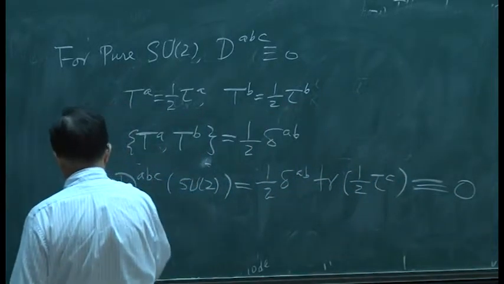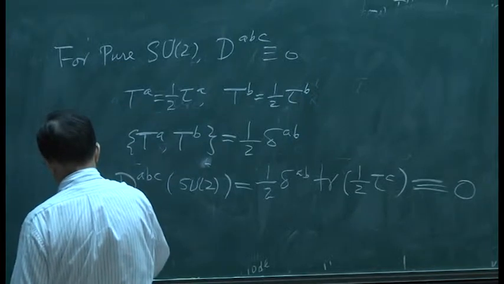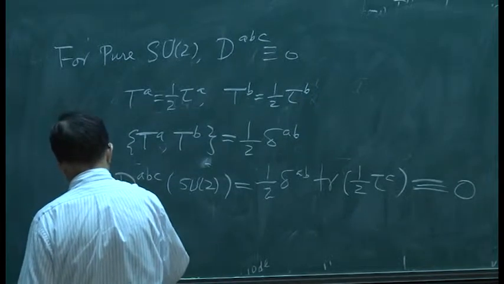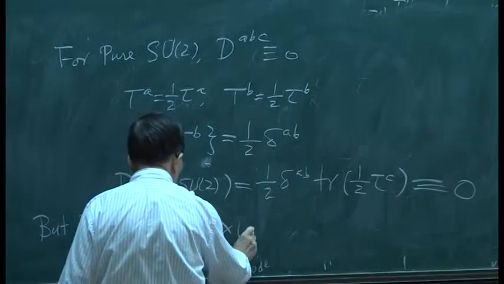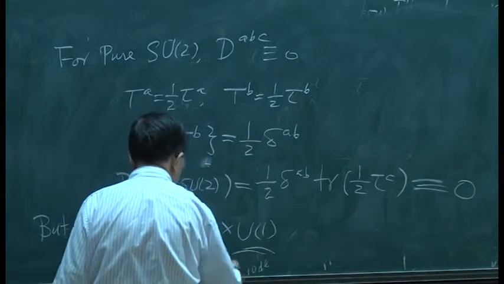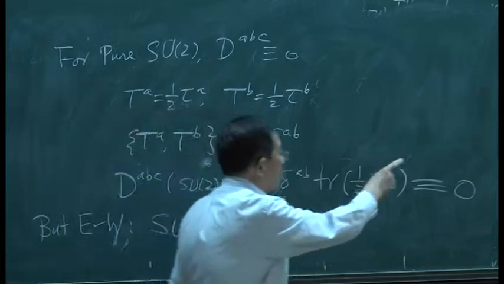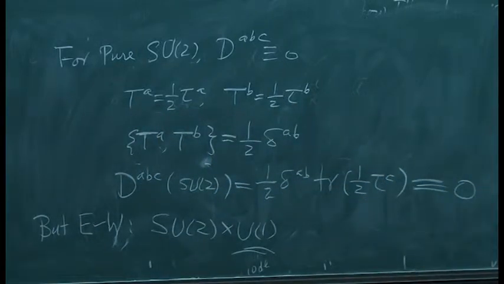So that's okay, but the electroweak theory is SU(2) cross U(1), and because of this, the anomaly is not guaranteed to vanish.